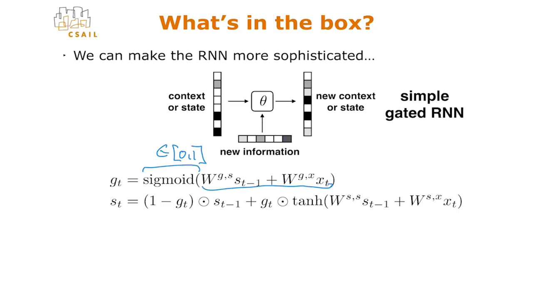And the output is, again, a vector of the same dimension as the state. And now we incorporate this gating prediction of what we should write and retain into the state update itself.